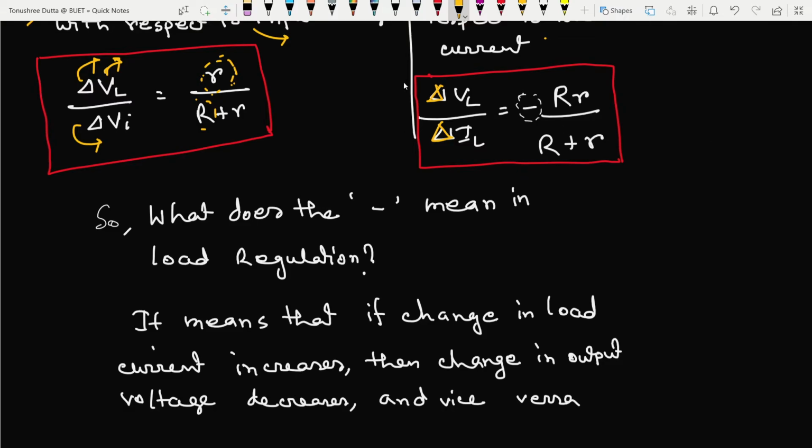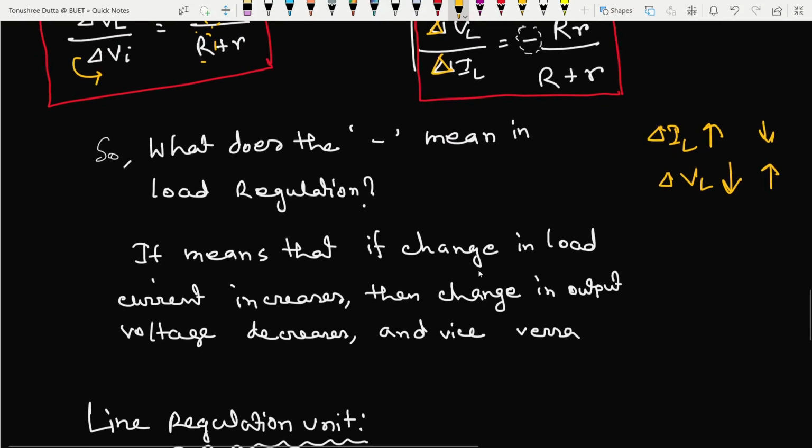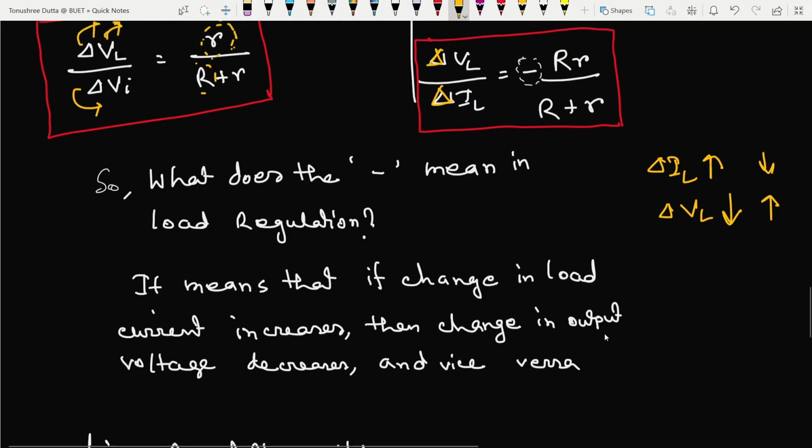If our load current decreases, then the change in output voltage increases. If del IL goes up, then del VL goes down. If del IL goes down, del VL goes up. Pretty simple. So if the change in load current increases, then the change in output voltage decreases, and vice versa.